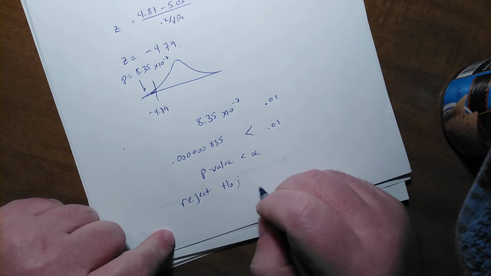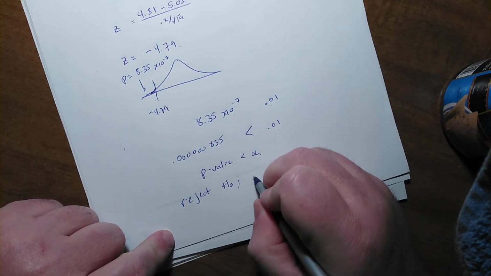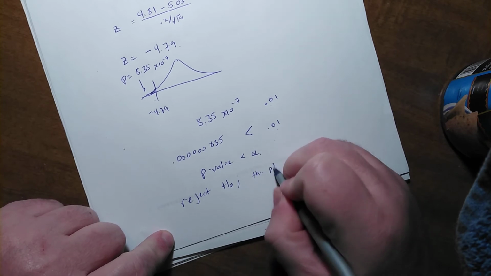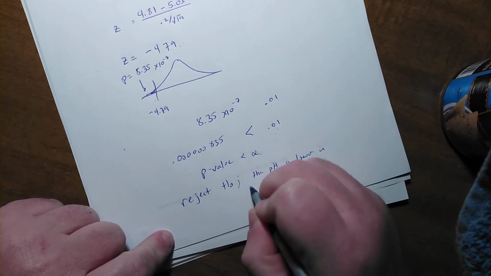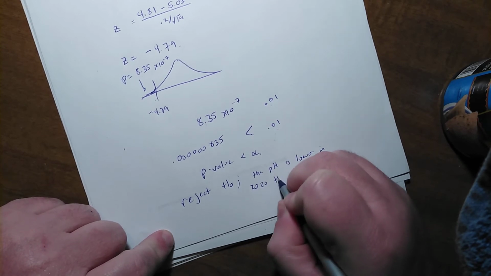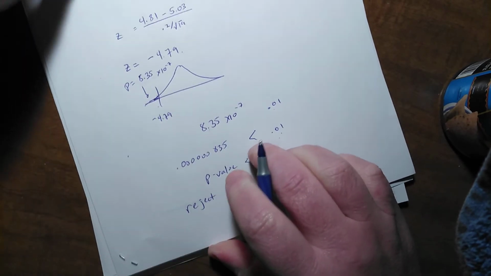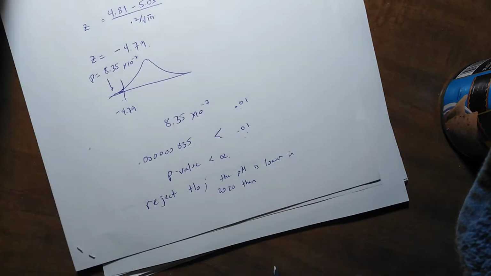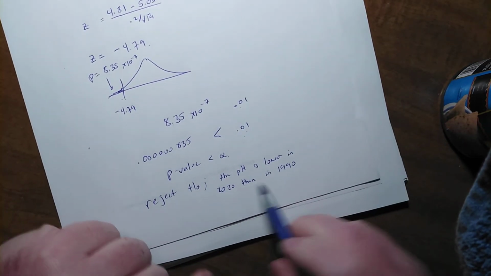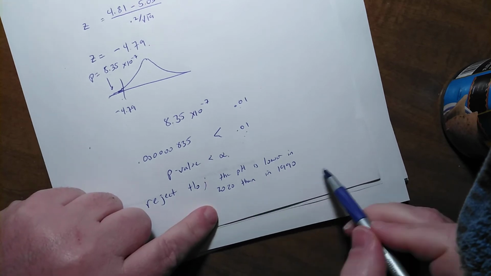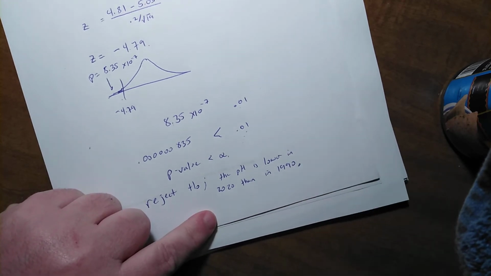The rain has gotten more acidic. The pH is lower in 2020 than in 1990, or the rain is more acidic now than in 1990. That would be just fine.